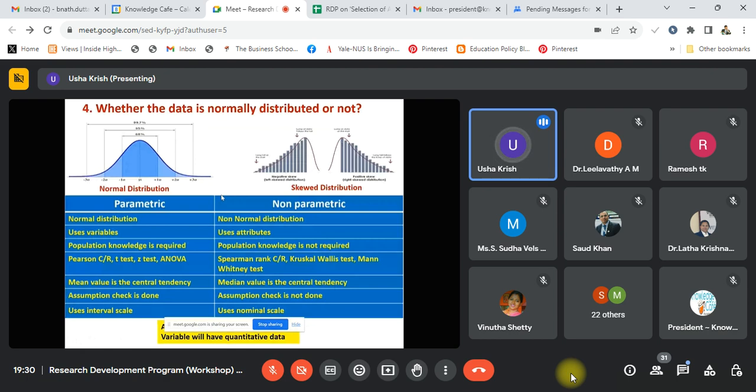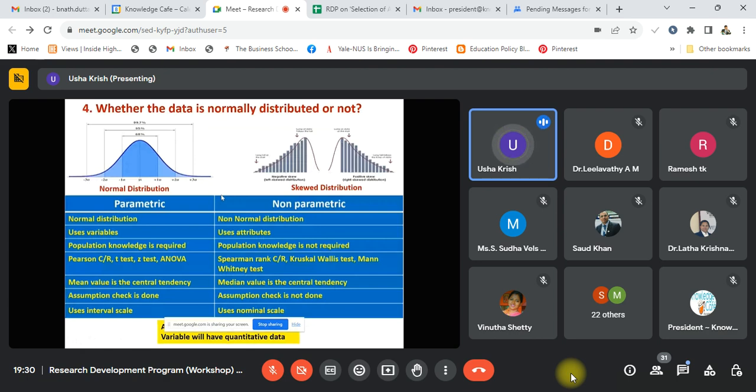In case of parametric test, statistical tools like Karl Pearson correlation, that is one, t-test, z-test, ANOVA are used. In case of non-parametric test, Spearman correlation, Kruskal-Wallis test, Mann-Whitney test are used.